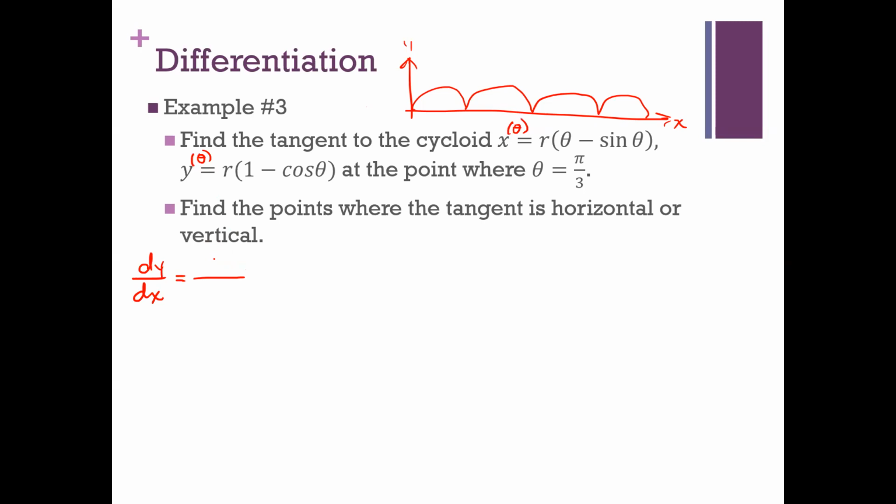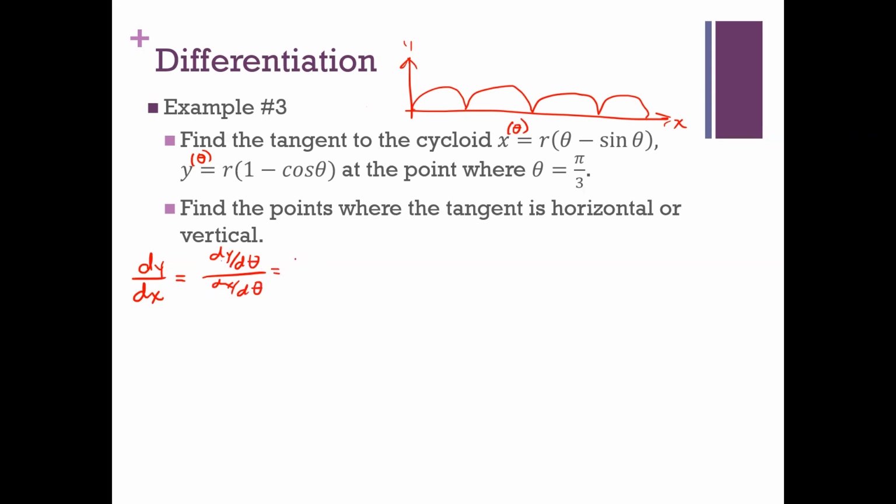So for now, we can treat r as a constant. So what's the derivative essentially of 1 minus cosine theta? Positive sine theta. So let's be very clear, this is dy/d theta over dx/d theta.